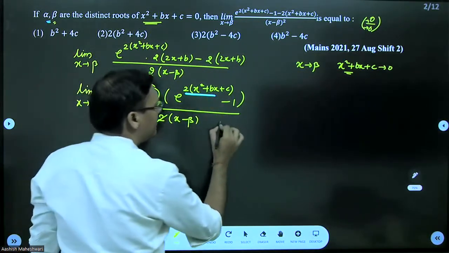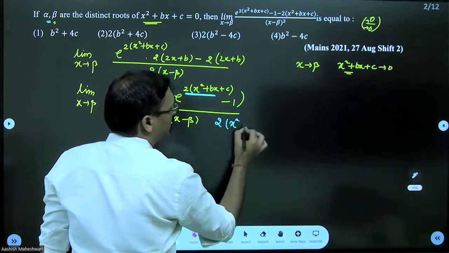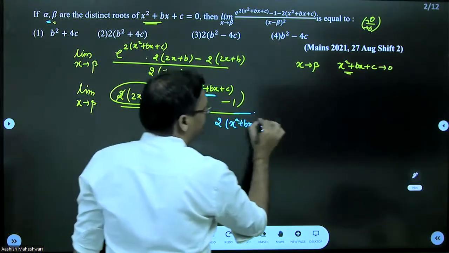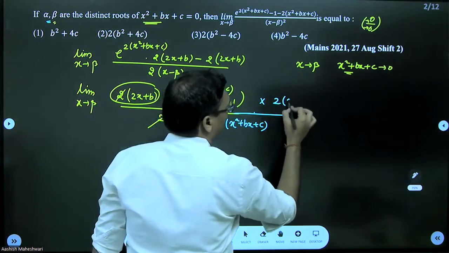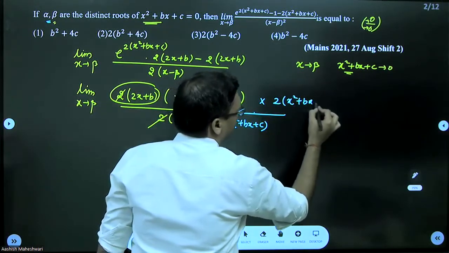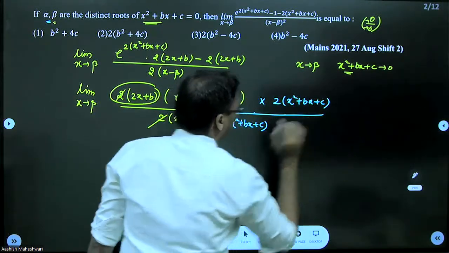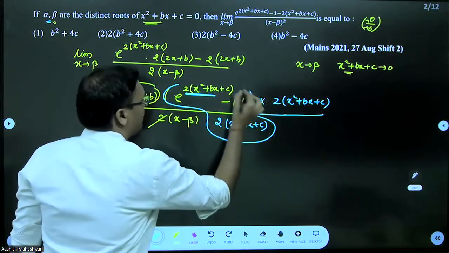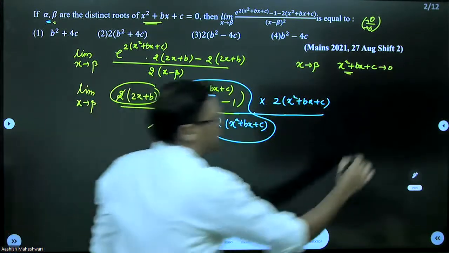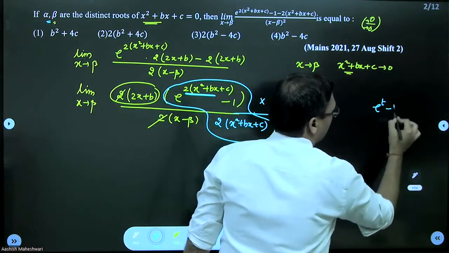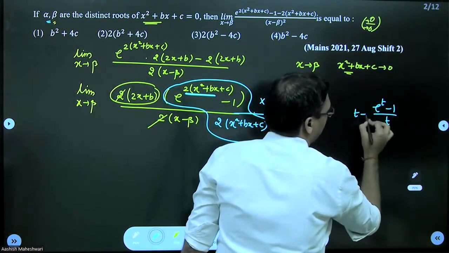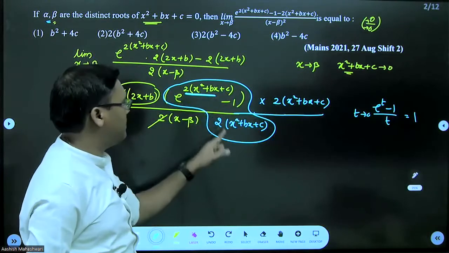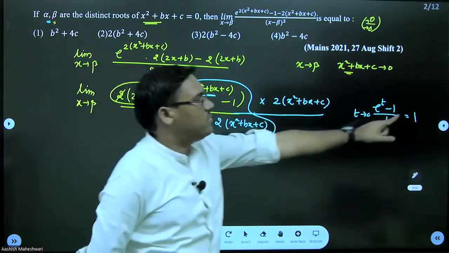So you can clearly see if I multiply by 2x square plus bx plus c in numerator and denominator, just multiplying this expression, you can see here this limit will become 1. Why will this become 1? Because it will become the form e raised to t minus 1, where t is approaching 0, is equal to 1. E raised to t minus 1 upon t, where t is approaching 0, is 1.